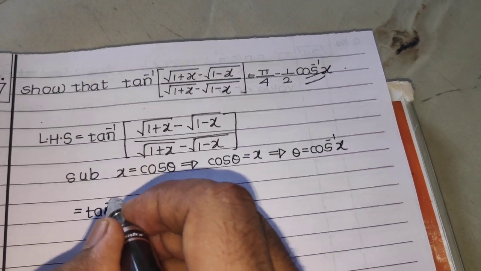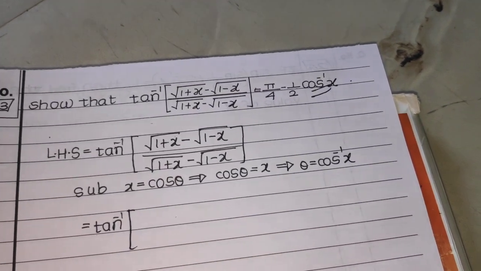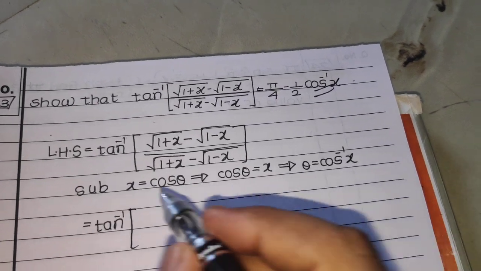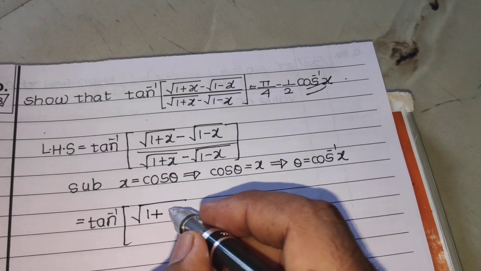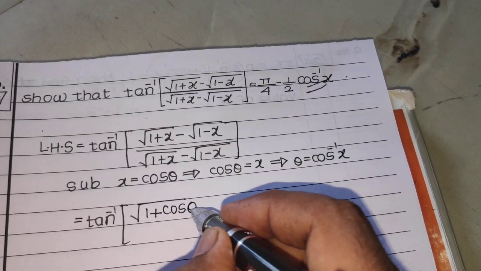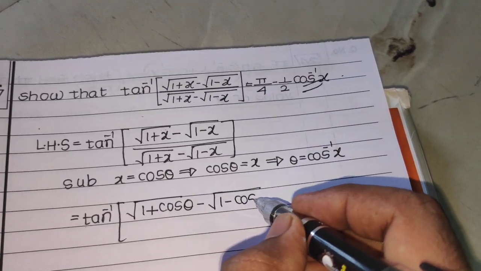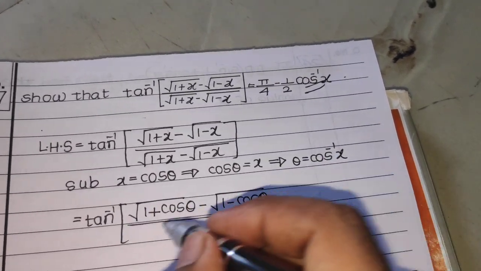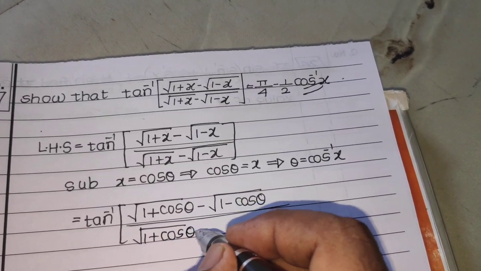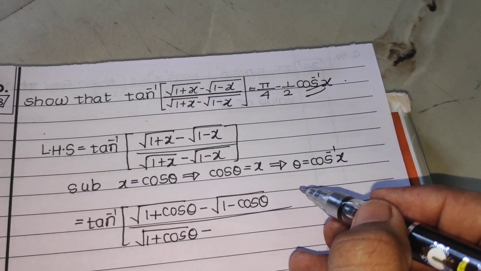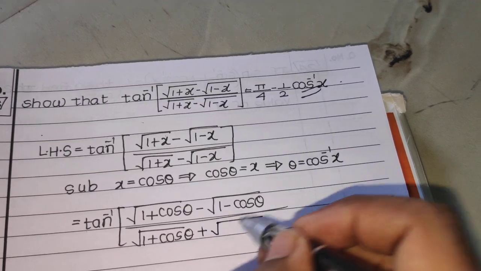So here we start: tan inverse of root of 1 plus cos theta minus root of 1 minus cos theta, upon root of 1 plus cos theta plus root of 1 minus cos theta.